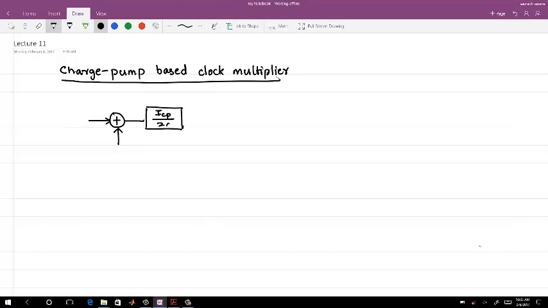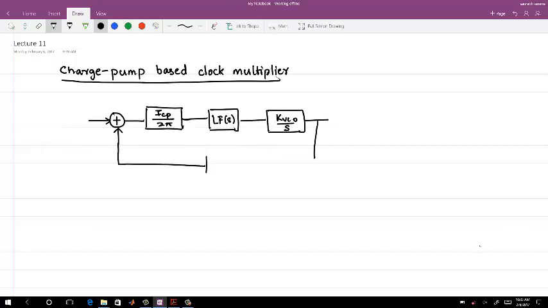ICP by 2 pi, then I had the loop filter of S, then KVCO over S, and the clock divider. So this one is phi out, and this one is phi in.